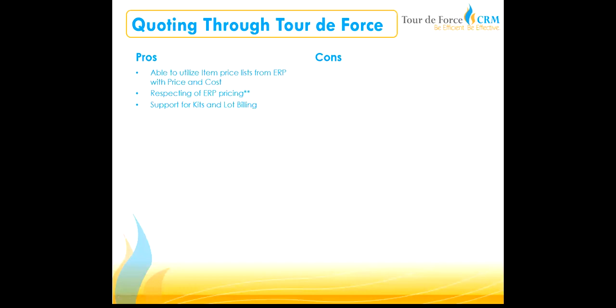All right, the next area we're going to talk about is quoting through Tour de Force. So when I say quoting through Tour de Force, I'm talking about generating the quote through Tour de Force. Some of the pros. First of all, Tour de Force is going to give you the ability to manage your item price list from the ERP. What that means, Tour de Force does synchronize your product list from the ERP.